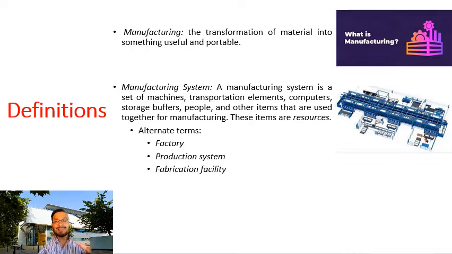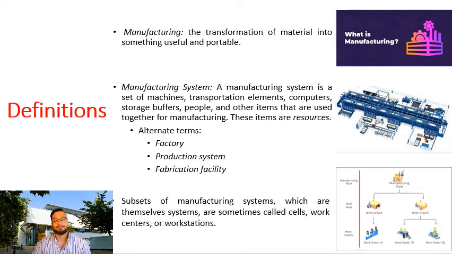These items are resources. We have alternative terms such as factory, production system, and fabrication facility. And finally, subassemblies of manufacturing systems, which are themselves systems, are sometimes called cells, work centers, or workstations.